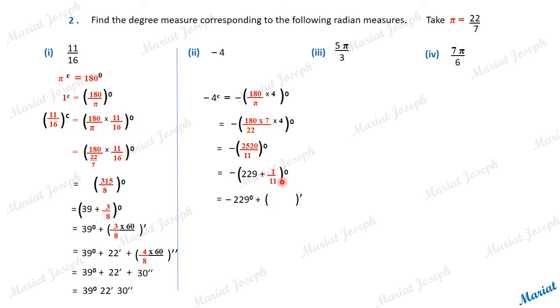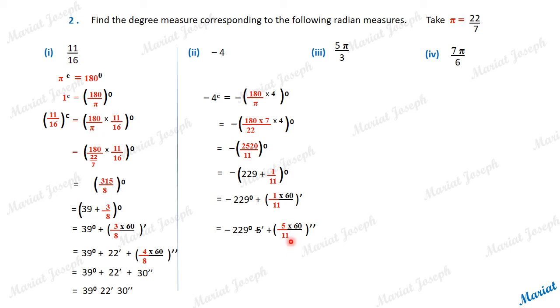This 1 upon 11 degree we can now convert into minutes since it is a fraction of a degree. So 1 upon 11 into 60 minutes, which means 60 upon 11 minutes.